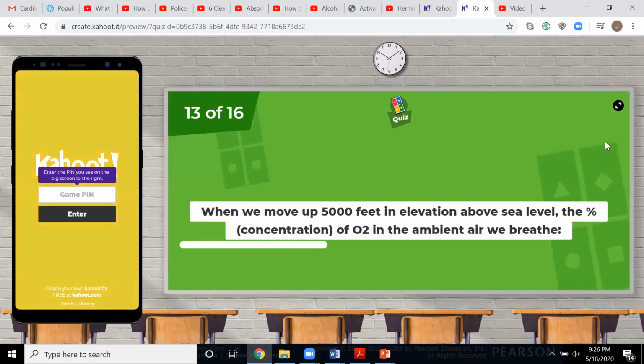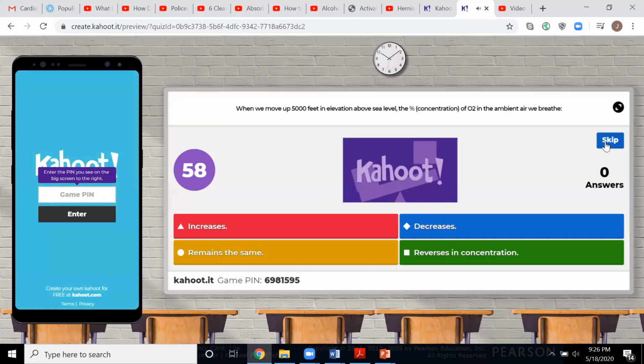When we move up 5,000 feet in elevation above sea level, what happens to the percent concentration of oxygen in the ambient air we breathe? Decrease, increase, remain the same? What does it do?